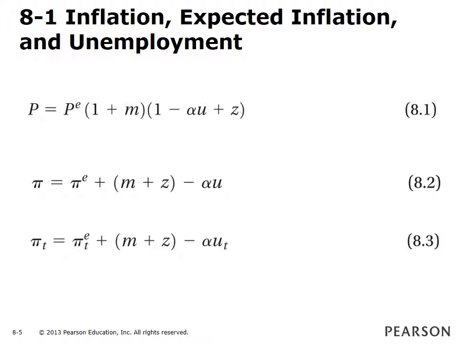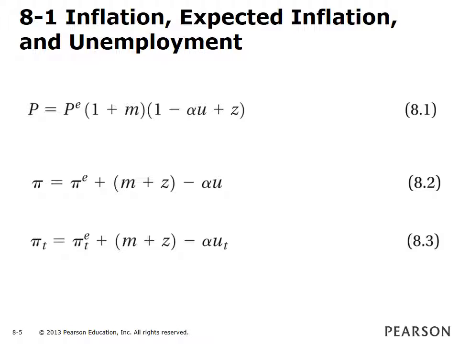Equation 8.2 shows us the relation between inflation, expected inflation, and the unemployment rate. It says inflation rate pi depends positively on the expected inflation rate pi^e, markup M, and the catch-all variable Z, and negatively on the unemployment rate U.